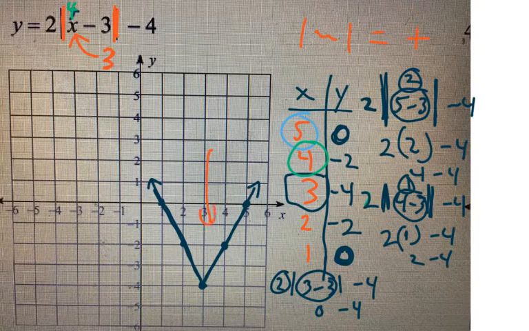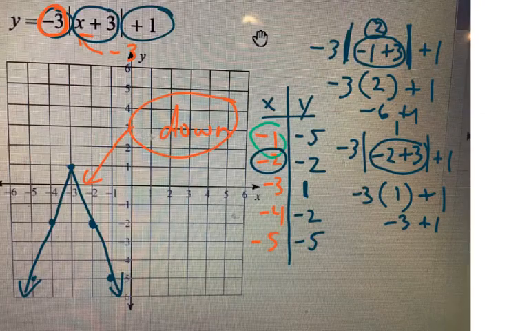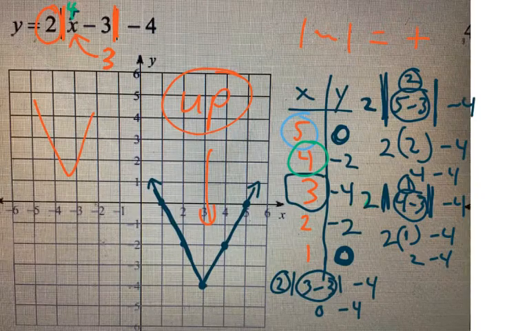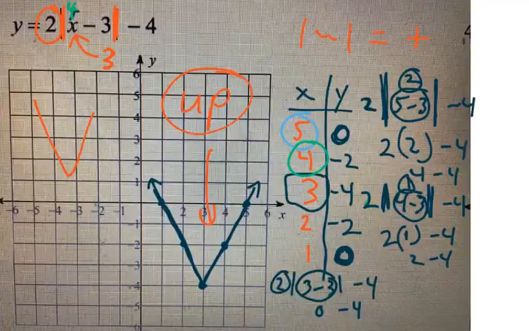Notice this V here is opening up, right? Why would it open up? Because notice the 2 in front is positive. So positive absolute values, guys, are V's that open up. Negative absolute values, the V's are always going to open down. That's another good thing to remember, okay, guys?